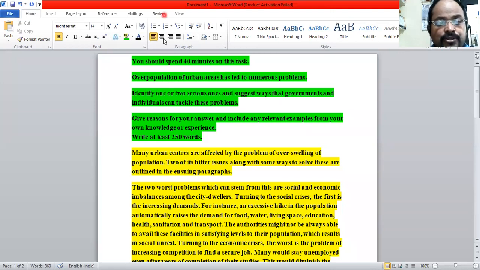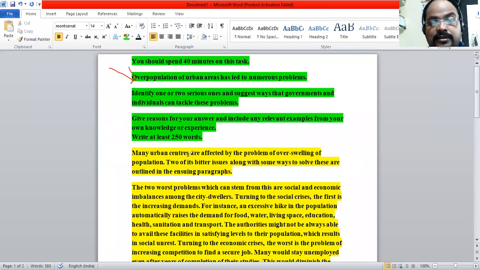We have understood question number one, identify one or two serious problems. Question number two, suggest ways that governments and individuals can tackle these problems. Now, we are moving into the answer. So as far as the introduction is concerned, you have to address the topic, that is overpopulation in cities. Let's check whether it is there.